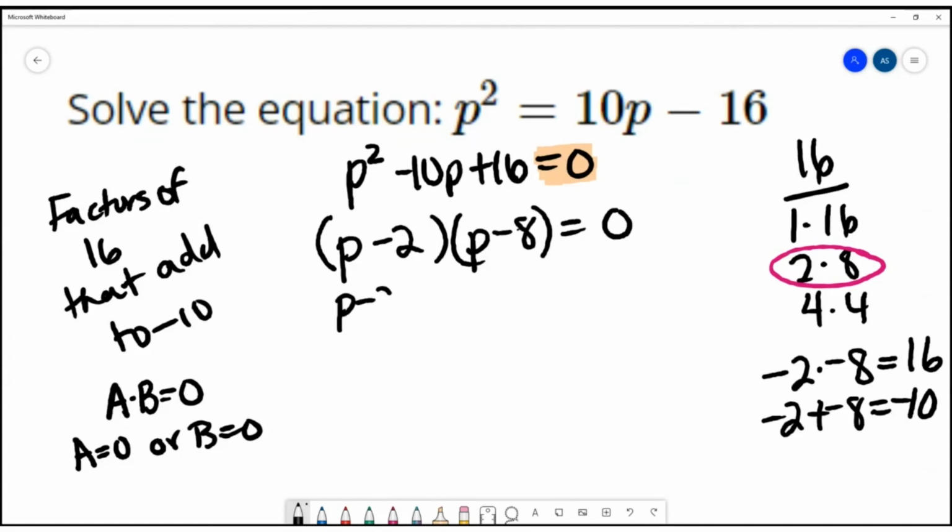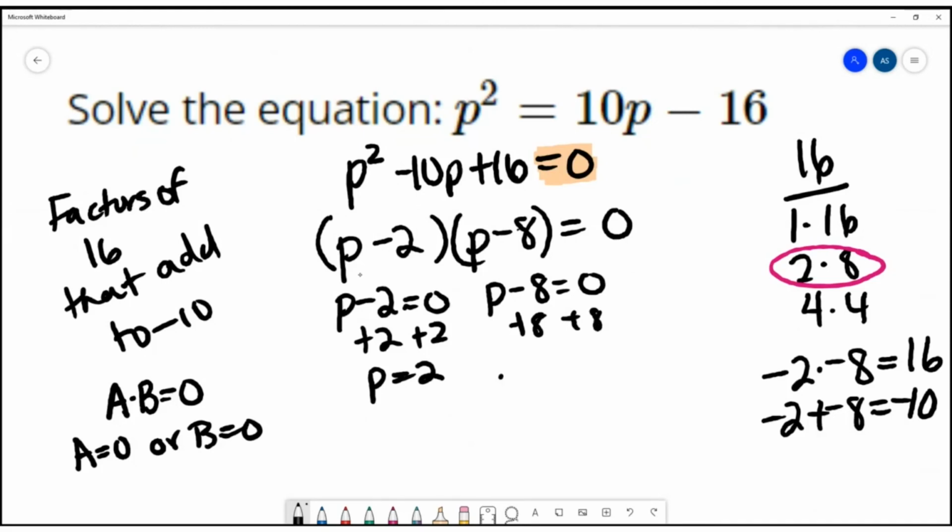One of these numbers, p minus 2, is equal to 0, or p minus 8 is equal to 0. We'll solve. We're going to add 2. We get p equals 2. We're going to add 8 to get p equals 8. And these are the solutions to my equation. P equals 2, p equals 8.